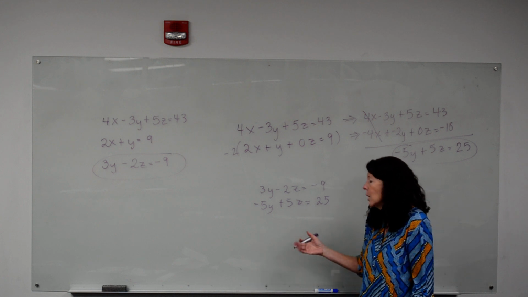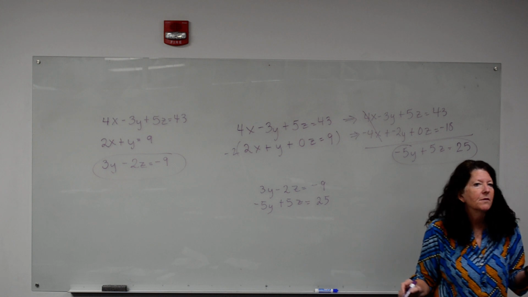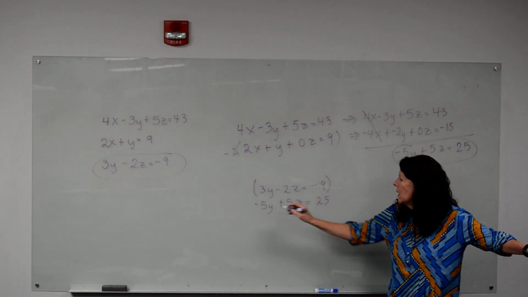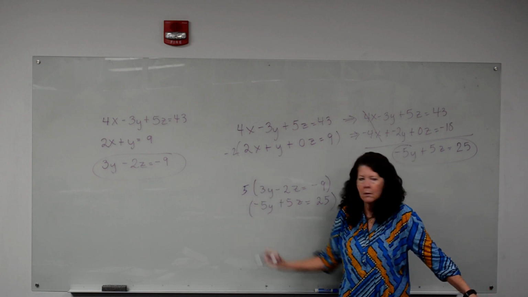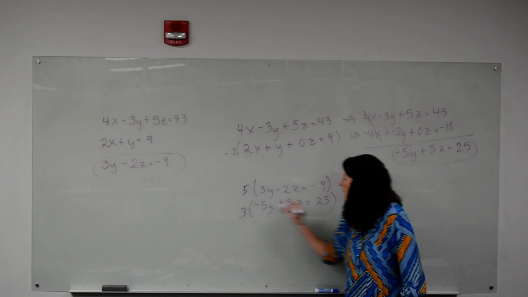The y? Okay, so to eliminate out the y, we want both of them to be 15. I can multiply this one by 5, and the bottom one by 3.